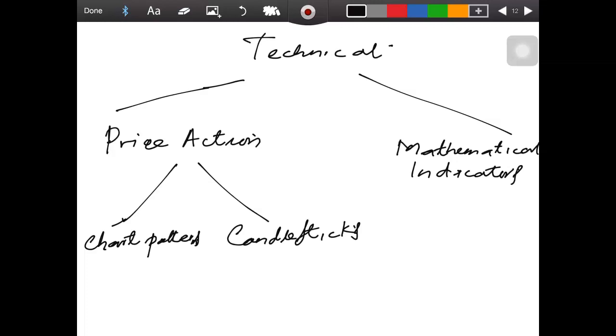So chart patterns, candlesticks. Under chart patterns you have so many different types.